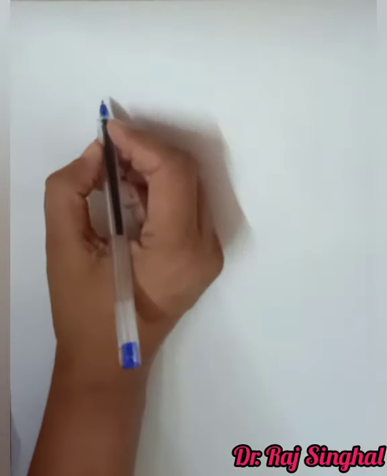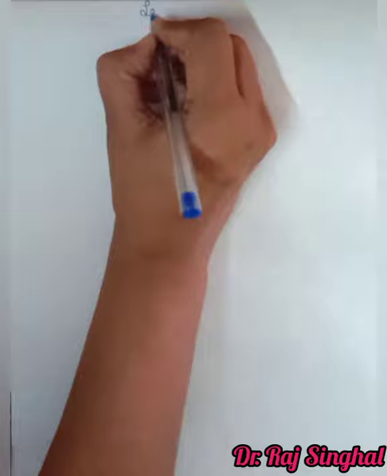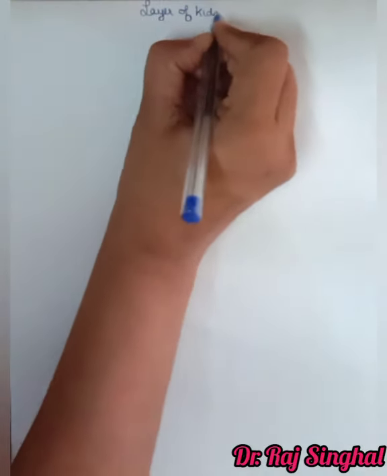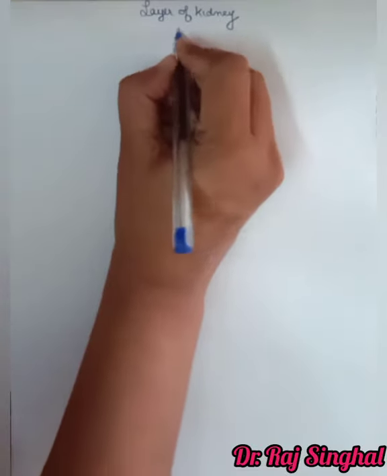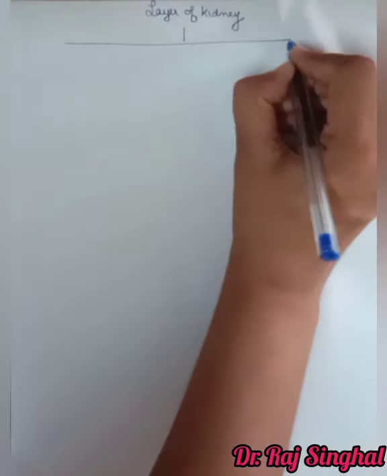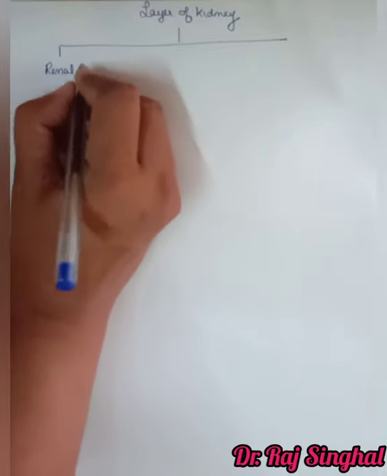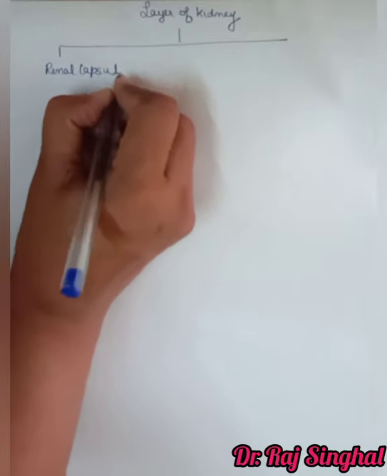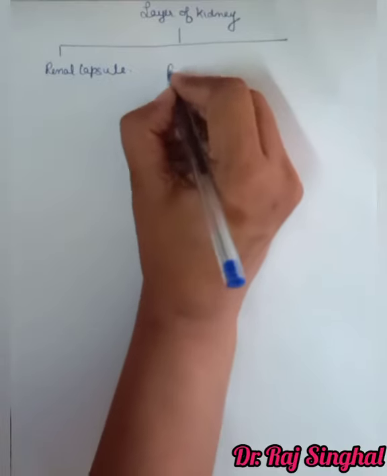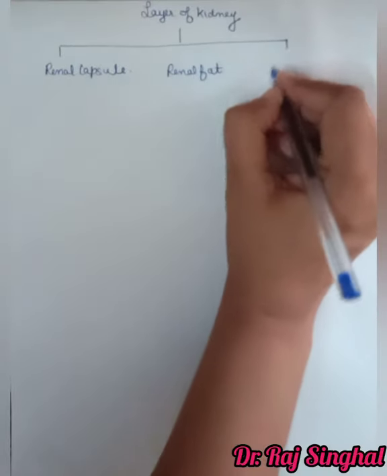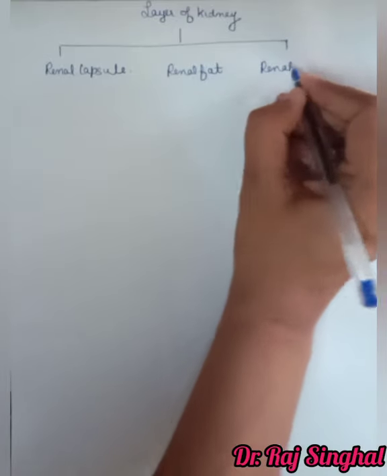Overall, we can say that the layers of the kidney are renal capsule, renal fat layer, and renal fascia.